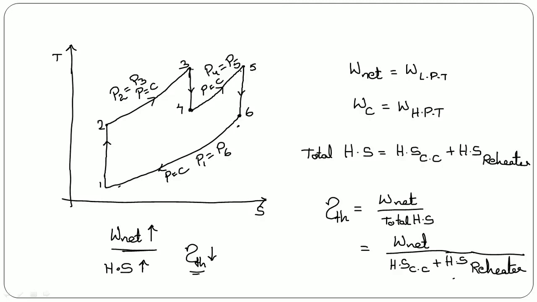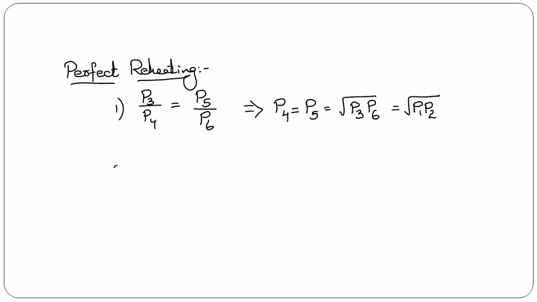That means perfect reheating has happened is indicated by these temperatures T3 and T5. If T3 is equal to T5, then we can say that perfect reheating has happened. So that means the temperature at entry to both the turbines should be same. So when temperature at entry to both the turbines is same, then we can say that this is perfect reheating.